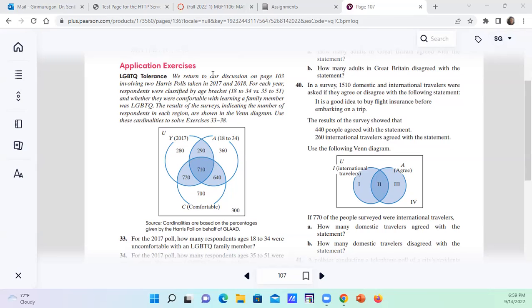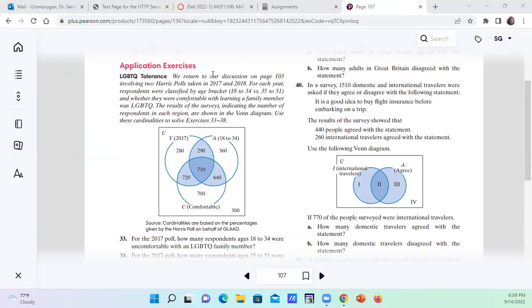Mind you, each of them have a complementary meaning. If it is not the year 2017, it has to be the year 2019. If it is not the age bracket 18 to 34, it has to be the age bracket 35 to 51.